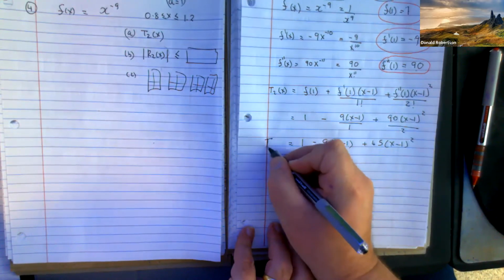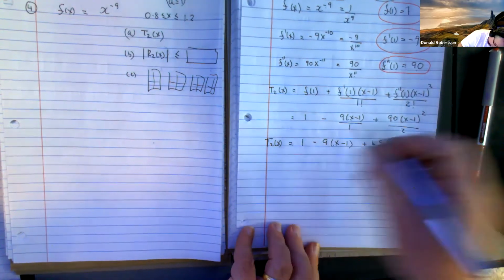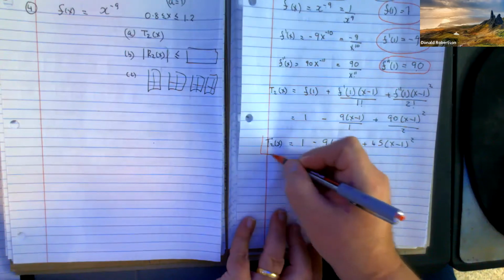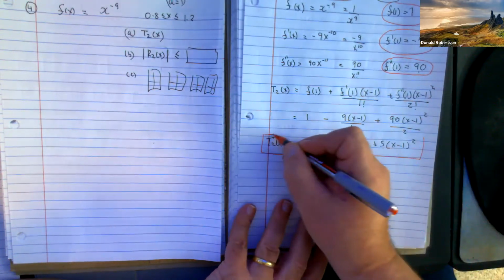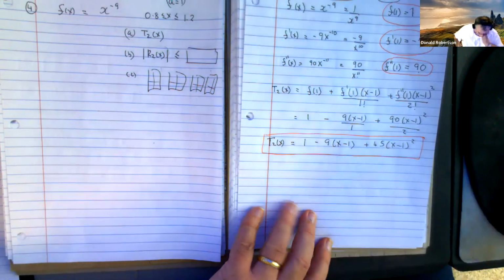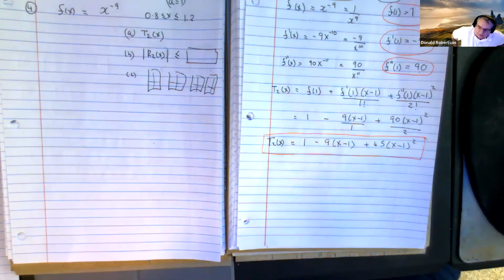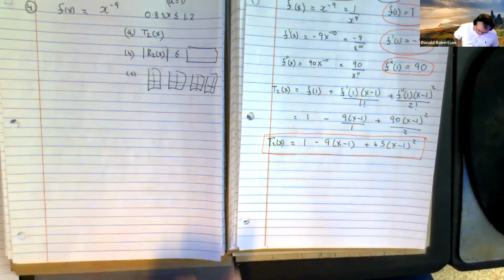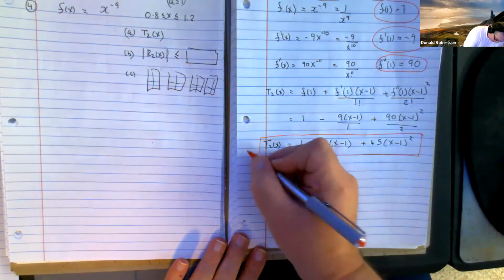And that's T2 of x. Now, how do we get the maximum error? That's the second piece of the puzzle. That's question A finished.